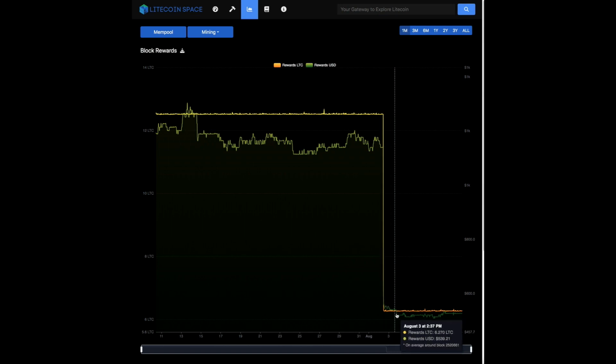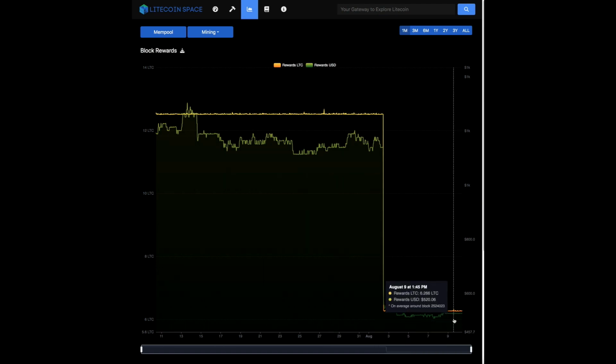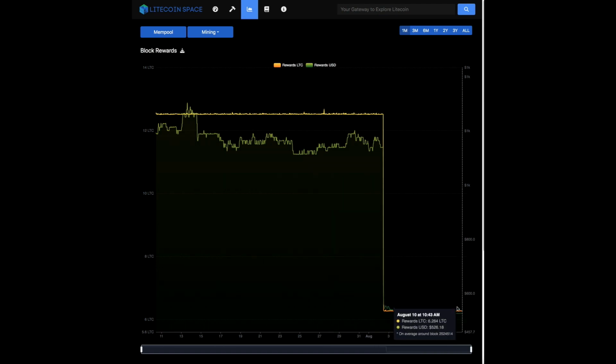And now it seems like it's trying to find its harmonic financial level, I don't know. But either way, you can see it's dropped to 6.25 Litecoin now are the rewards happening per block.